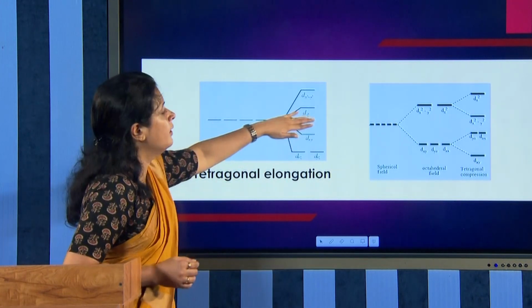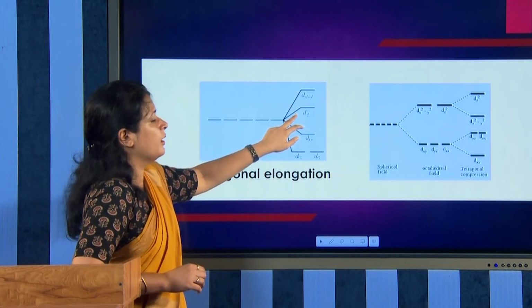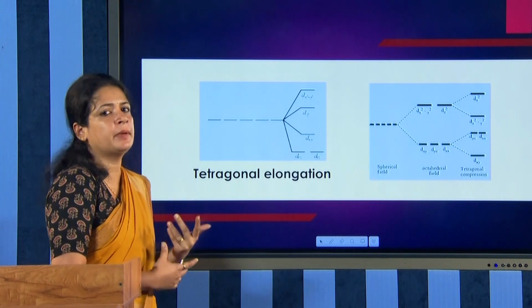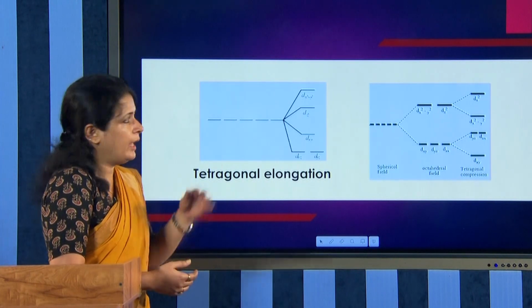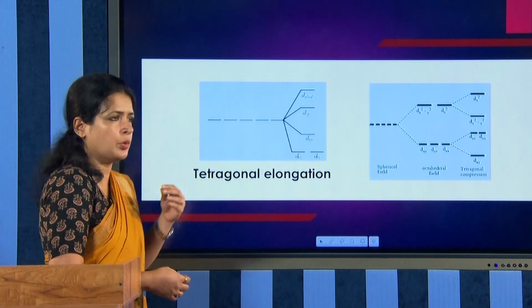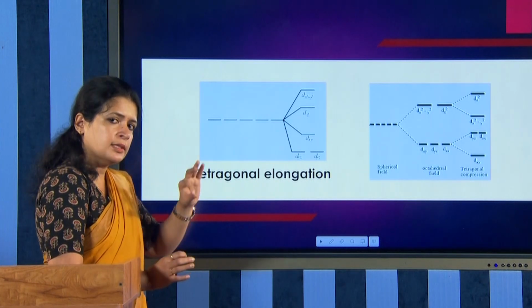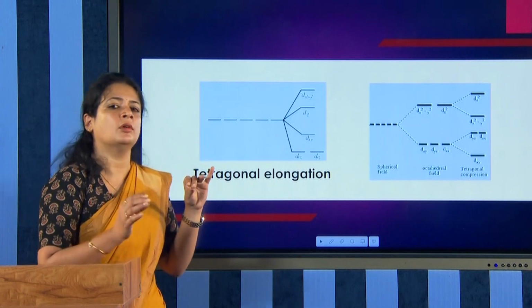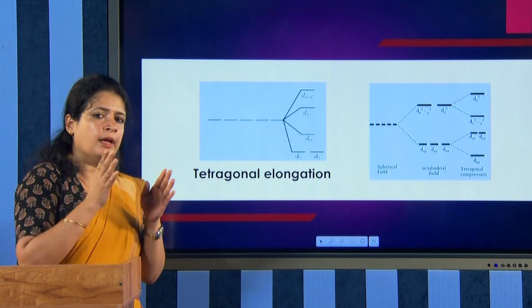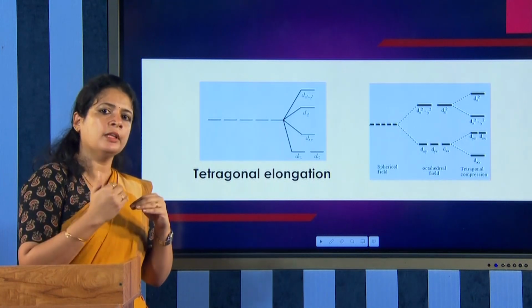Now, coming to the EG orbitals. In the EG orbitals, we have 2 d orbitals, dx square minus y square and dz square, and among these 2, the one having a z component is dz square. And I have already told you that the orbitals lying along the z-axis will be lowered. In the case of the elongation, they will have a lower energy.